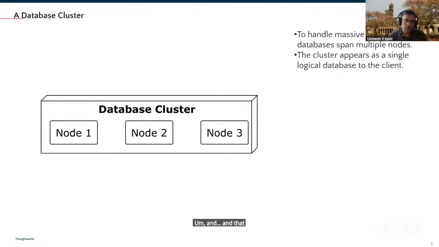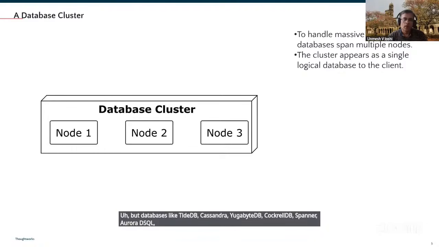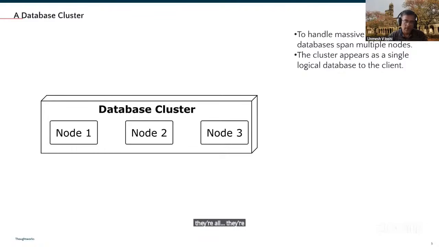And that means databases like Postgres, Oracle and MySQL don't fit this definition because they are not distributed by design. But databases like TiDB, Cassandra, YugaByteDB, CockroachDB, Spanner, Aurora DSQL, they all fit this definition.